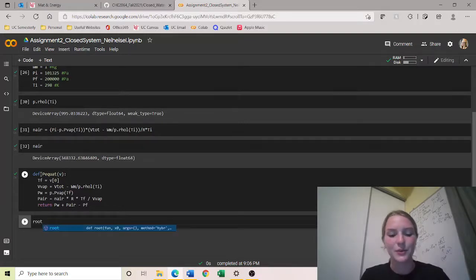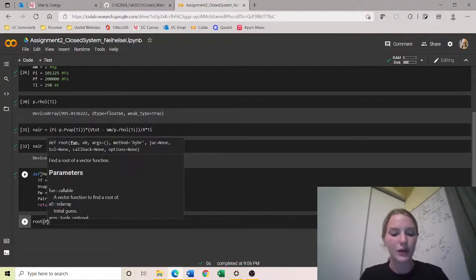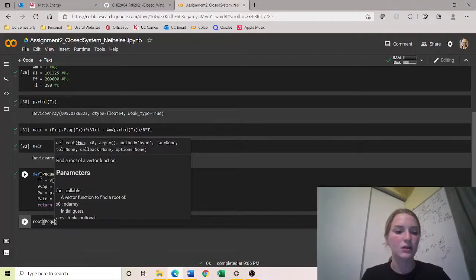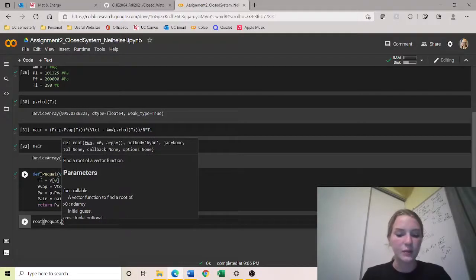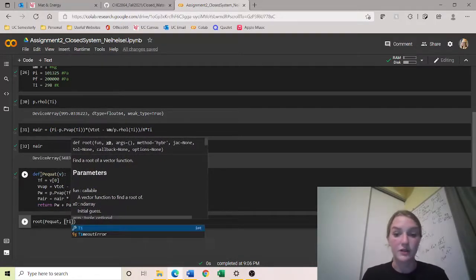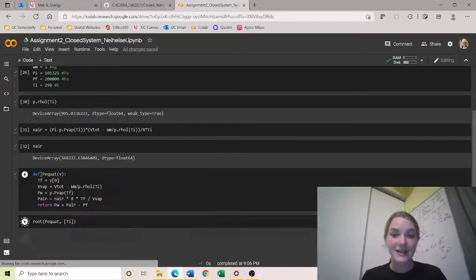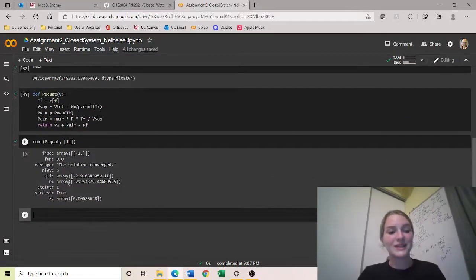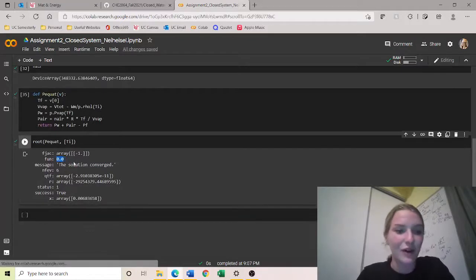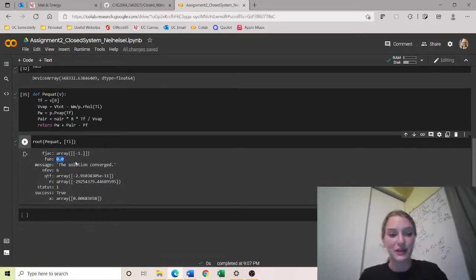So if we do the roots of the pressure equation, EQUAT, and then we have our initial temperature as our initial guess, then we can see that our function equals 0, so that the partial pressure of water plus the partial pressure of the air minus the partial pressure of the entire system is going to be equal to 0.